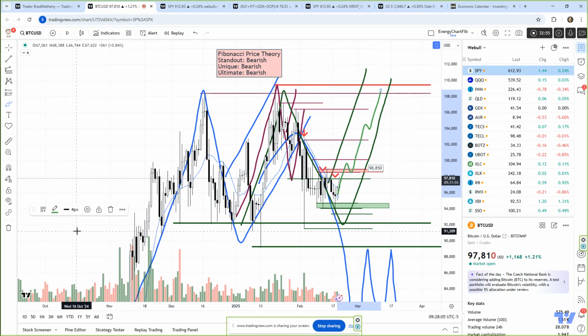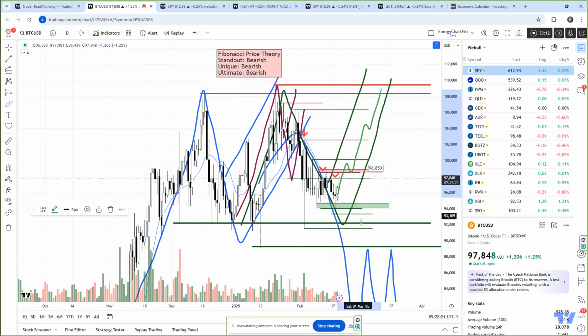So you're moving into a changing market trend here. We just can't call this bullish until it gets above 98,850. So we're technically bearish, bearish, bearish. We're looking pretty good for an uptrend here.